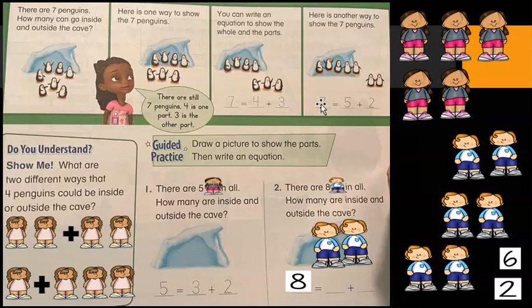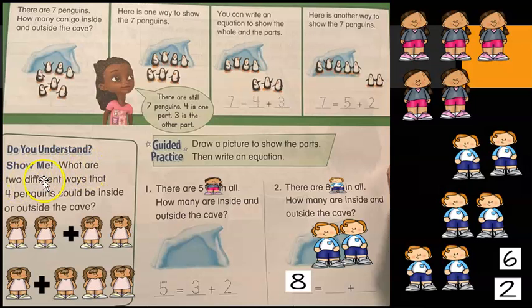Okay, do you see that, first graders, how that works now? Okay, we're going to keep going. Remember, we're going to focus on this all week. Okay, first graders, let's look here at this problem real quick, okay? It says, do you understand? Show me.